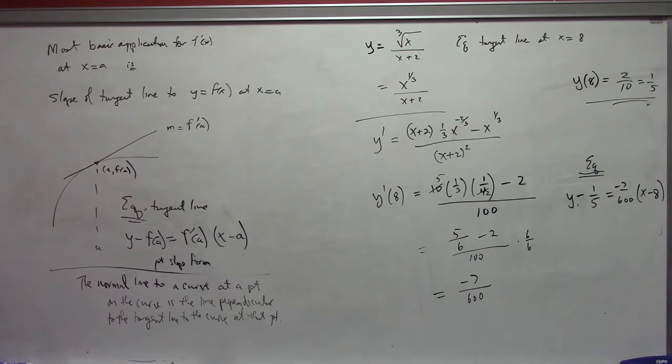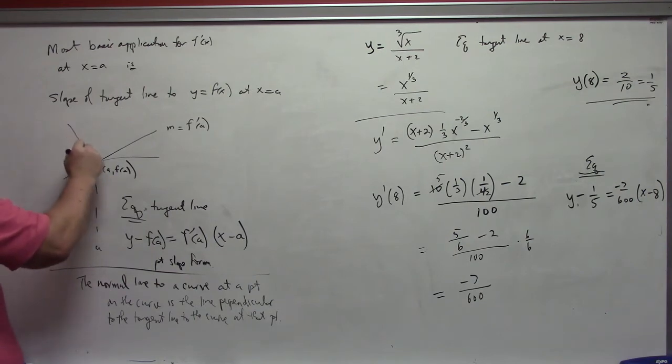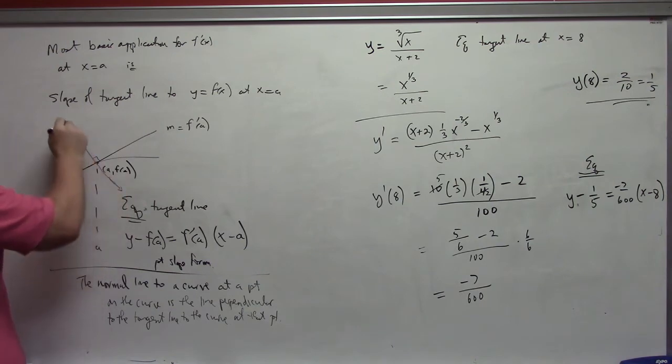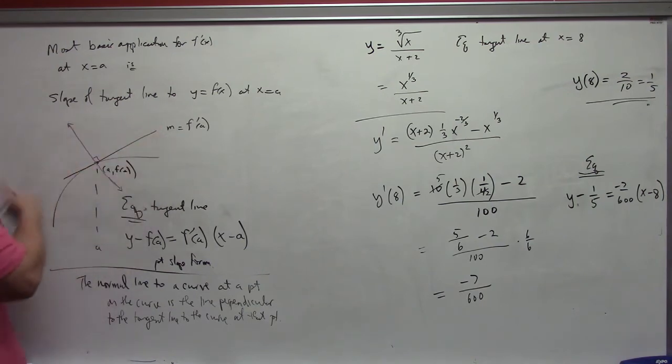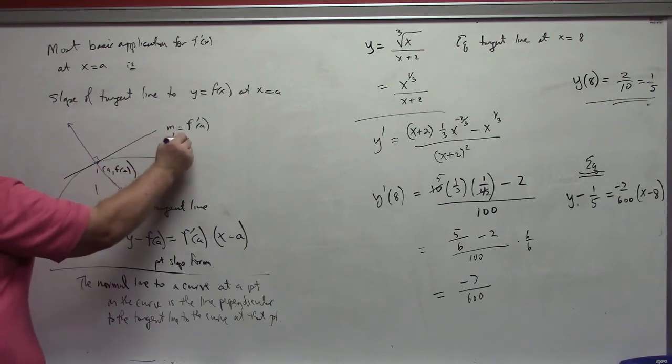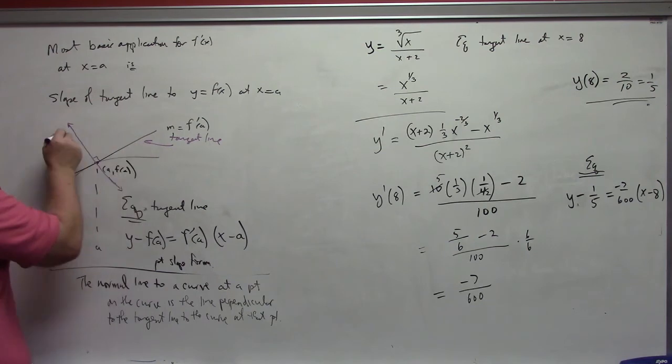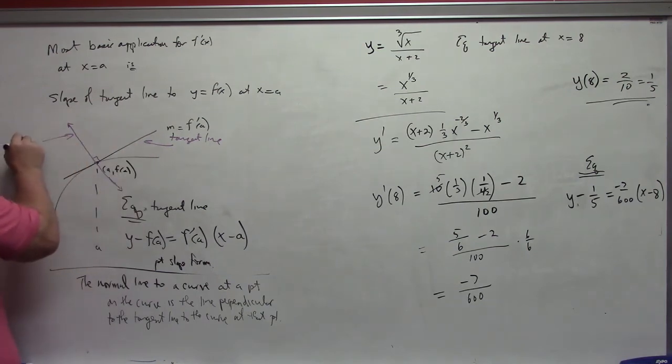So basically, the normal line to this curve at point x equals a would be the line that is perpendicular to the tangent line. This is my normal line. This is my tangent line. This would be my normal line. Okay.